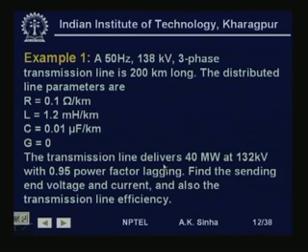We also know that the transmission line has to deliver 40 megawatt at 132 kV, means the receiving end voltage is 132 kV and the receiving end power is 40 megawatt at 0.95 power factor lagging. We have to find the sending end voltage, that is Vs, and current, that is Is, and also the transmission line efficiency. So, let us see how we work it out.